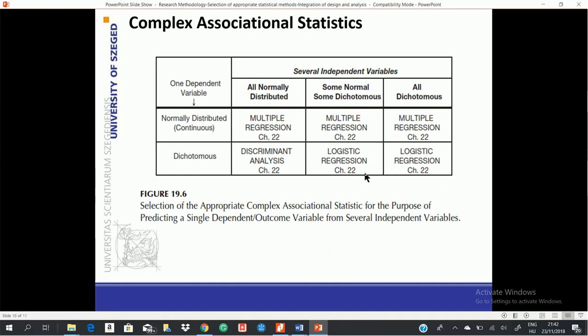But if you want the modern analysis for the complex associational statistic, you can learn about factor analysis, or you can do something like PLS, WarpPLS, or SmartPLS. You can download free applications for that software, and you can get free tutorials and books for PLS on the internet.